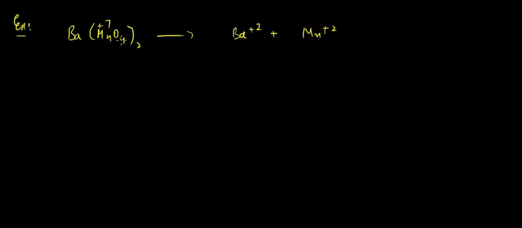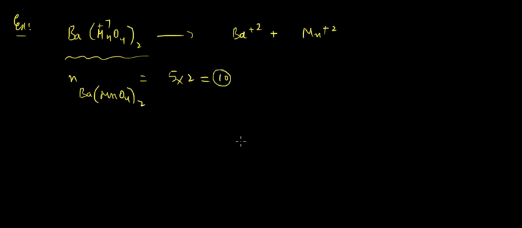There are 2 moles of Mn in this compound, so the n factor of Ba(MnO4)2 would be 5 into 2, or 10. This would be the n factor.